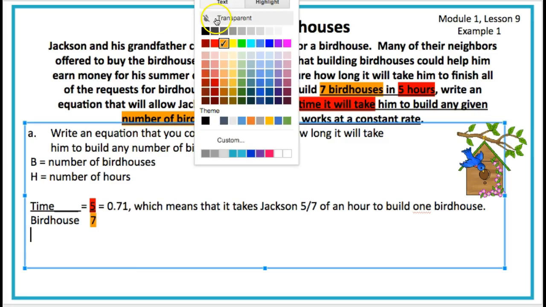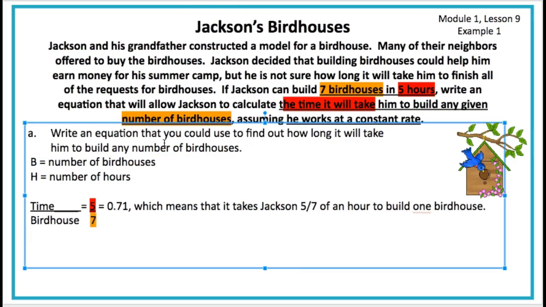We could also find this in minutes. We know that 5 divided by 7 times 60 minutes gives us 43 minutes to build one birdhouse.